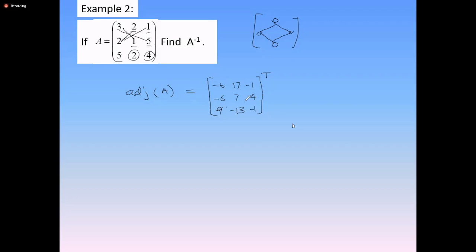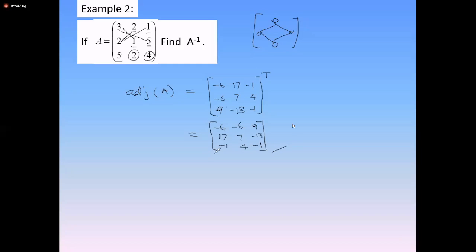We have to transpose it. Then the adjoint matrix is equal to: the first row is written as a column. Minus 6, 7, 4 in the second column. Last row here, 9, minus 13, minus 1.